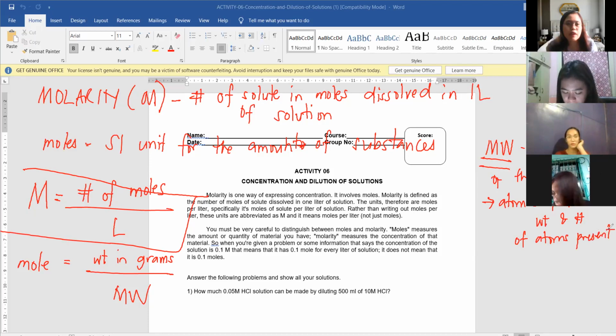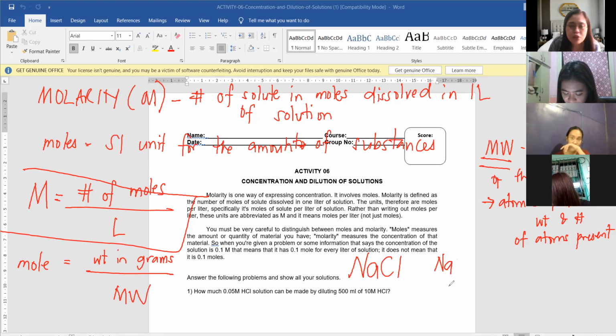So I don't know kung naturo ito pag high school, pag sinabing molecular weight class, paano natin siya kukunin? Example, our compound NaCl, our table salt, sodium chloride. If you are asked to compute for the molecular weight of NaCl, ganito ang gagawin ninyo. You list down all the elements.